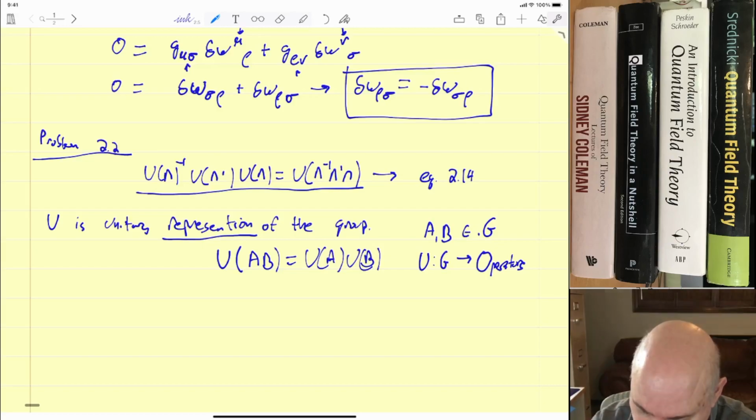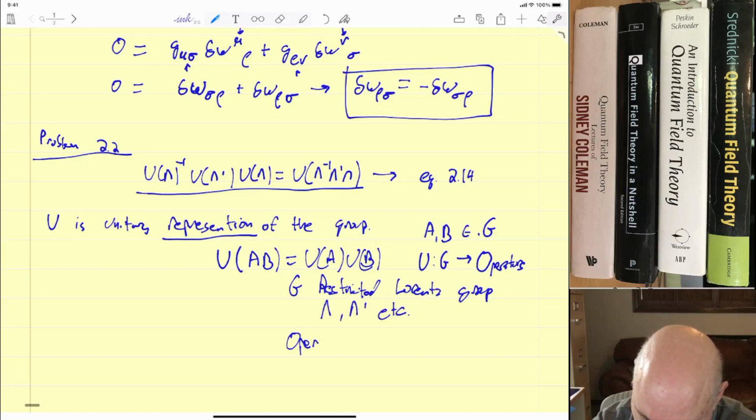So for this case, our group G is the restricted Lorentz group, might not have to be restricted, but it'd be easier. And the elements are like lambda, lambda prime, etc. And the operators are the U's.